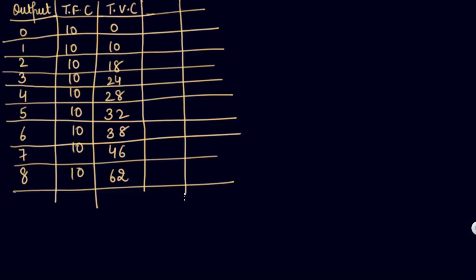You have to calculate your total cost, that is 10, 20, 28, 34, 38, 42, 48, 56, and here 72, right? And what is your marginal cost? It is total cost of n minus TCn minus 1.